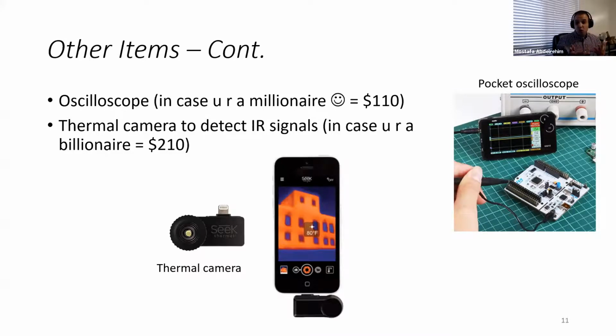To know if it's working, we need something to see the infrared signal, which is of course a thermal camera. A thermal camera or thermal lenses is the only way by which you can see an infrared signal. It will appear red because it's hotter than the surroundings. But these are optional, just for debugging.